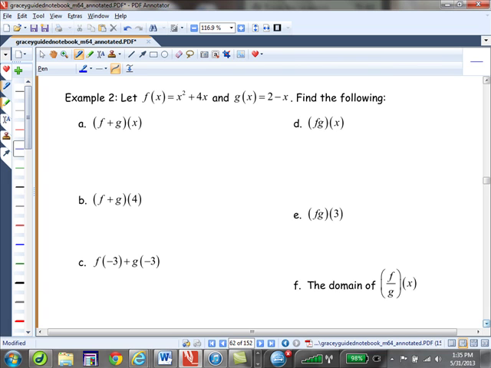All right, my friends, let's see how you did. This is equivalent to f at x plus g at x. Well, f at x was x squared plus 4x, and g at x was 2 minus x.